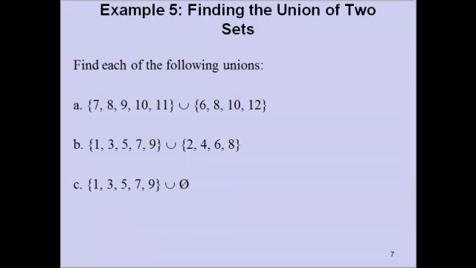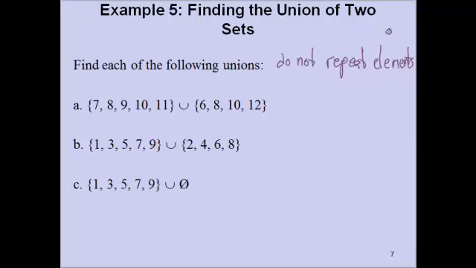And now let's do some examples, right? So here we go. Find each of the following unions. Well, remember, it's every element here and every element here. But do not repeat elements. I think this is a big mistake that students make, is they repeat elements.